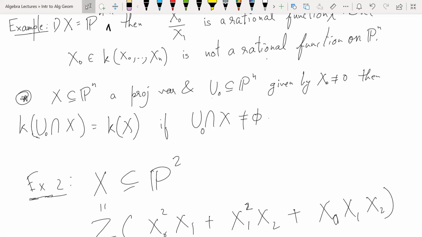We know the dehomogenization process, which tells us how to think of this as an affine variety. Then the field of rational functions of U0 intersection X is the same as the field of rational functions on X. Maybe I'll just put it as an isomorphism.